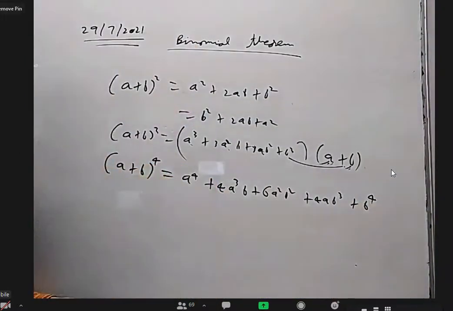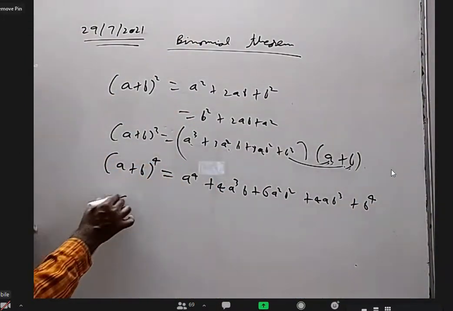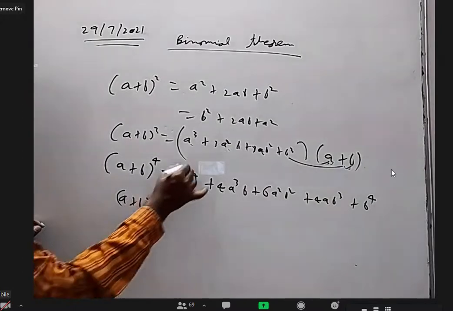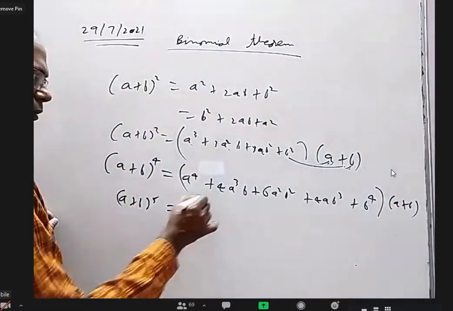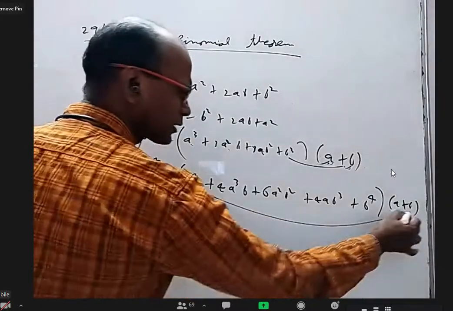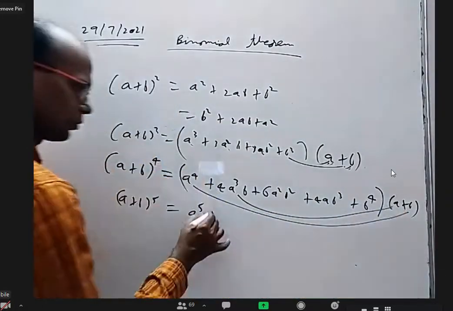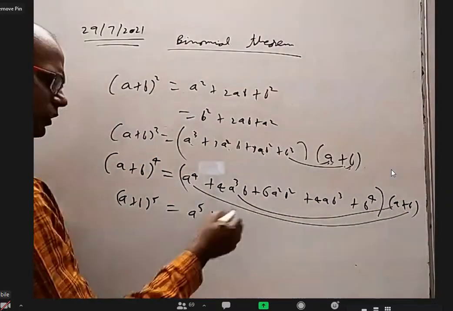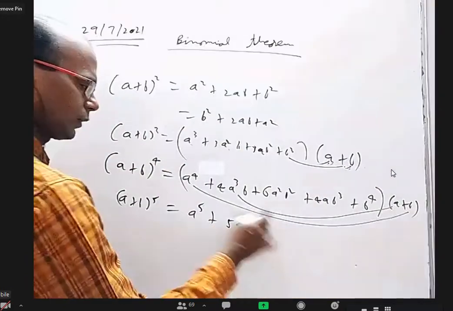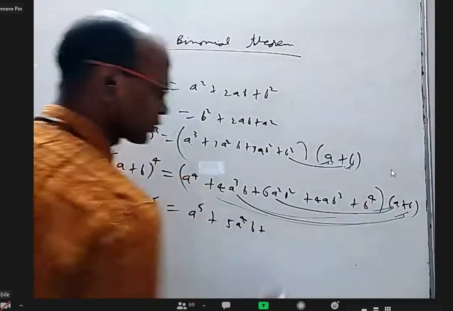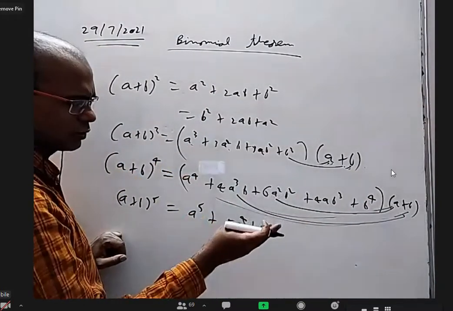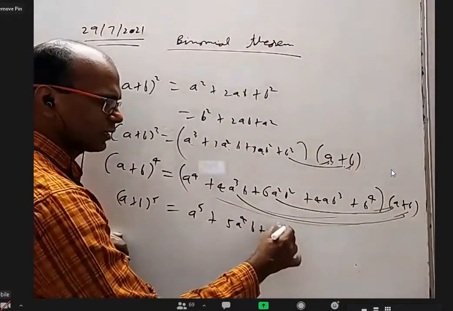So we got it. If you want (a + b) whole power 5, you take this and multiply with (a + b). First you will get a⁵. Next, the product of these two is 4a⁴b and this is 5a⁴b. Next, the product of these two and the product of these two: 4a³b², 6a³b² is 10a³b².